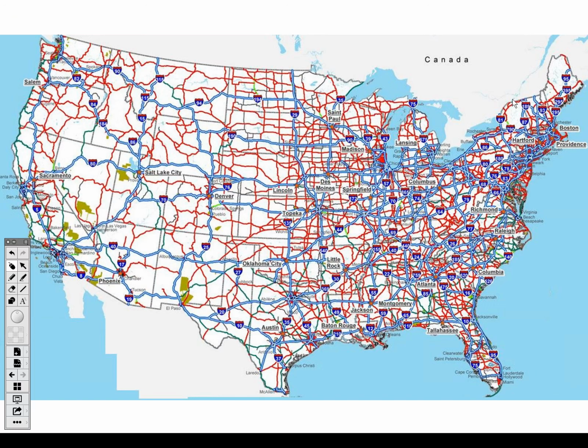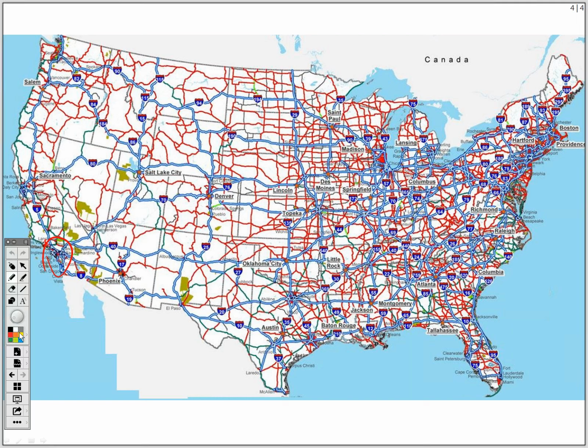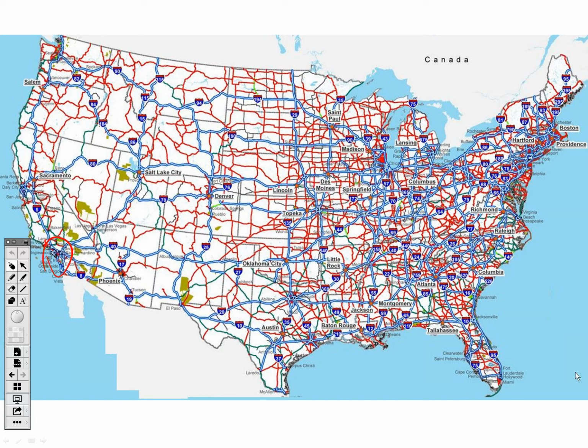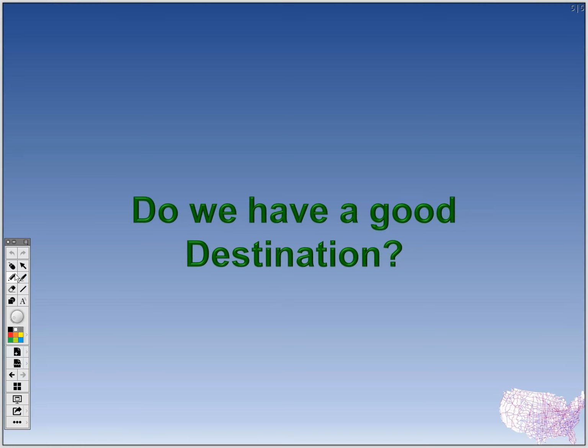Okay, so is it a good destination down here? One thing I always say is that with this strategy, I'm going to go back here. Is it a good destination?